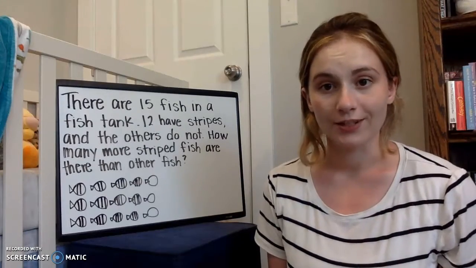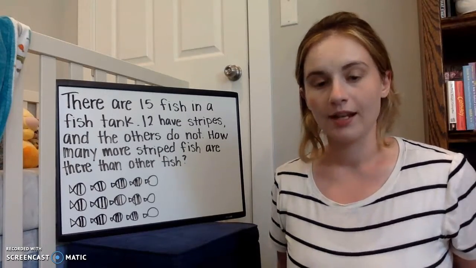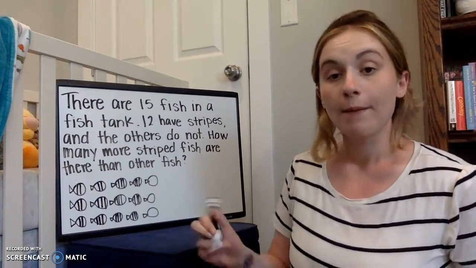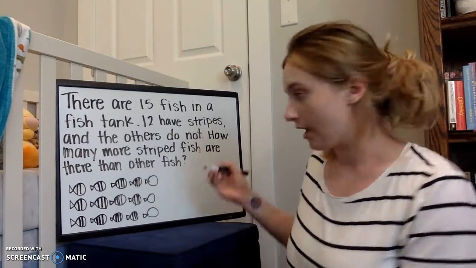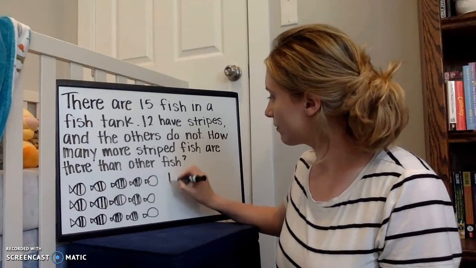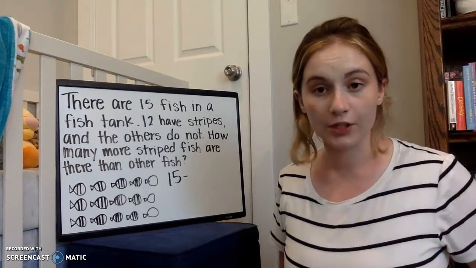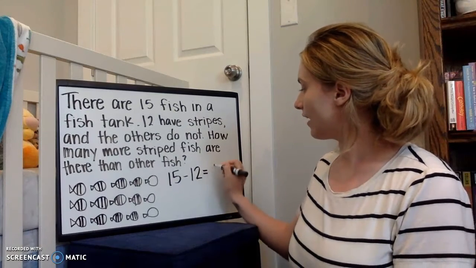So the first thing I have to do is figure out, okay, how many fish are not striped? Now I drew the picture, so it was really easy for me to see that there's 3, but you could also do the equation. So in order to do that, I would just take my 15 fish, subtract, get rid of all the fish with stripes, which is 12, and that gives me 3.